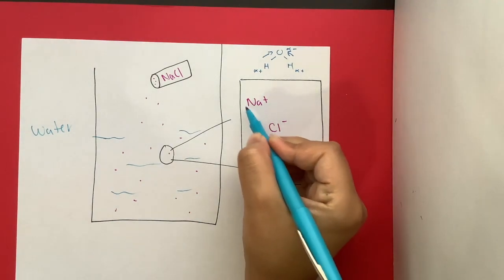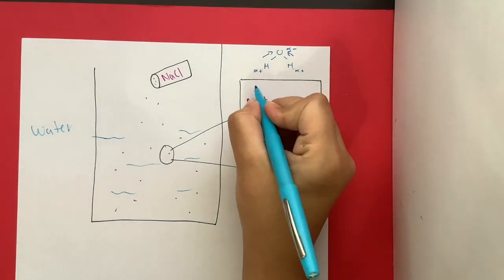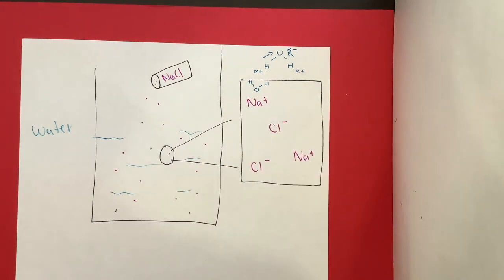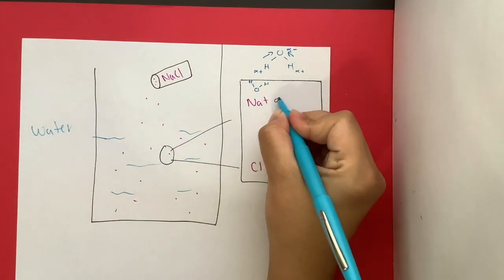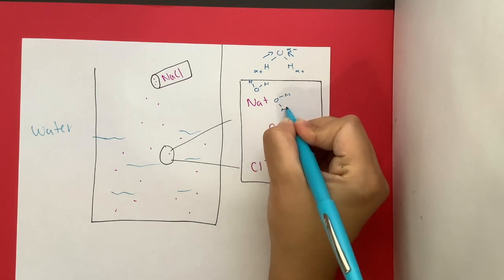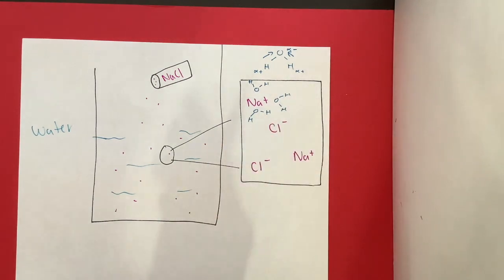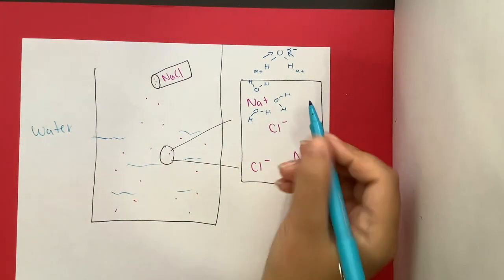So this positive sodium is going to be surrounded by the negative side of water, which is the oxygens. The oxygens are going to surround the positive sodium and separate it from chlorine.